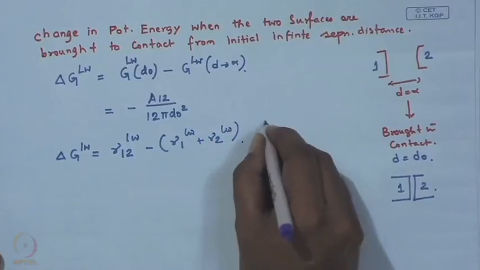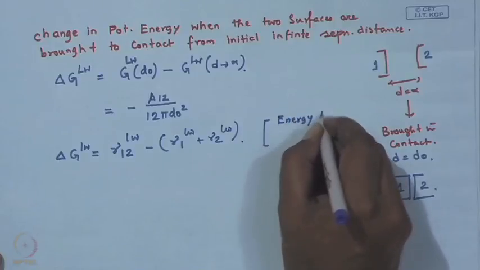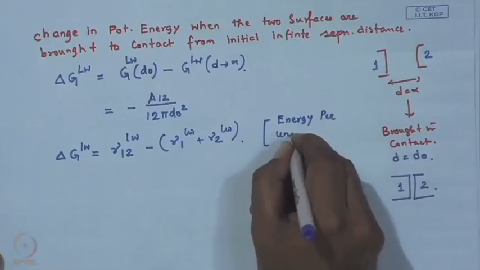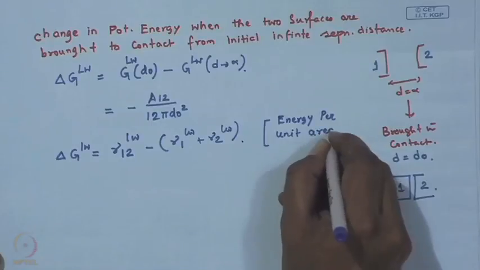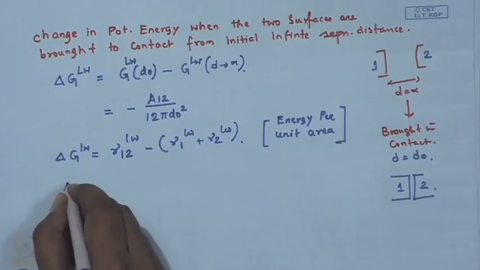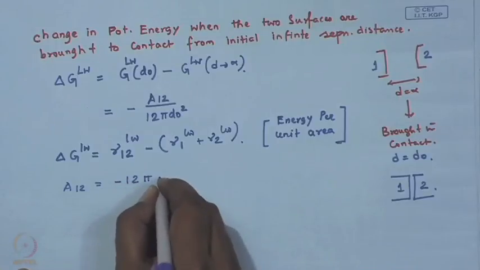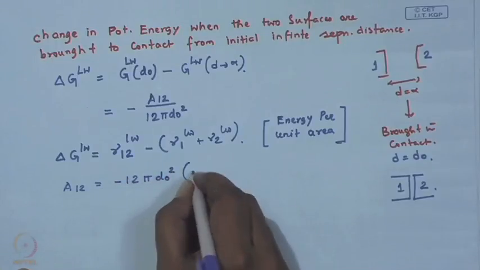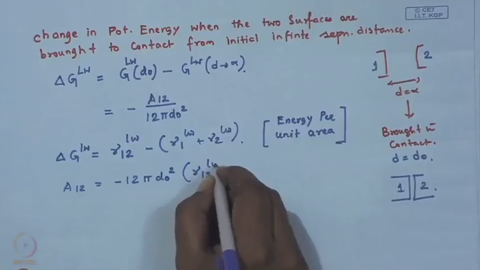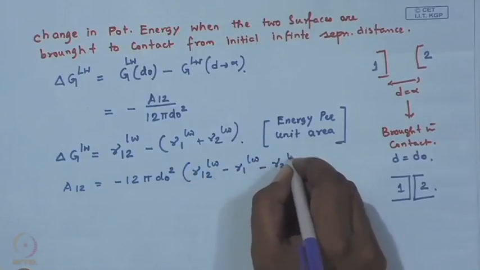This is the energy per unit area, of course. Therefore, what we can get is that we can now correlate A12 as minus 12 pi d0 square times gamma 12 LW minus gamma 1 LW minus gamma 2 LW.